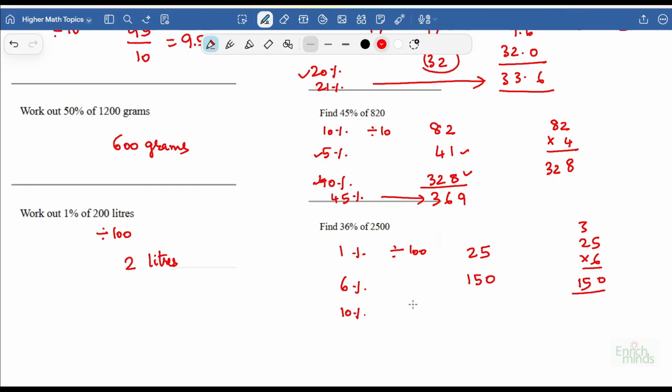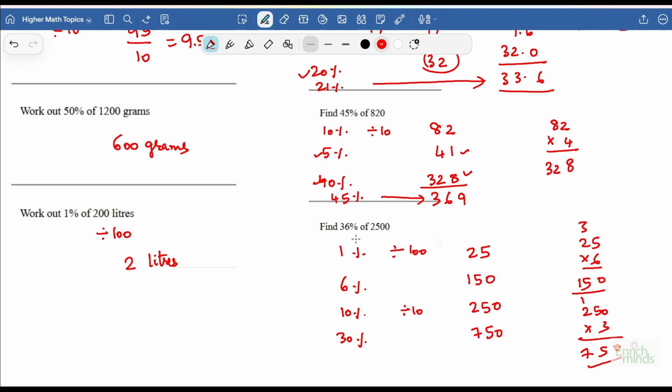And then I can find 10%. So 10% of 2500, you divide the quantity by 10. So that gives me 250. And then 30%, you get 10 times 3. So 250 times 3 gives me 30%. So 3 5s is 15. 3 2s is 6 plus 1, 750. So 750 is 30% of 2500.